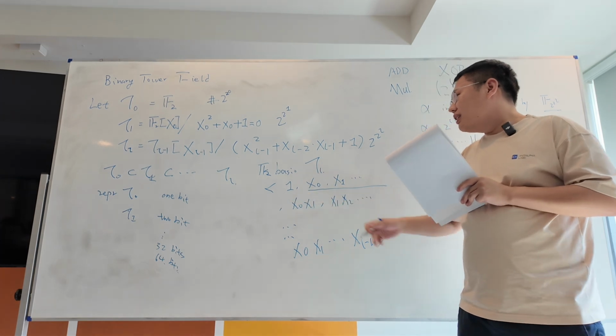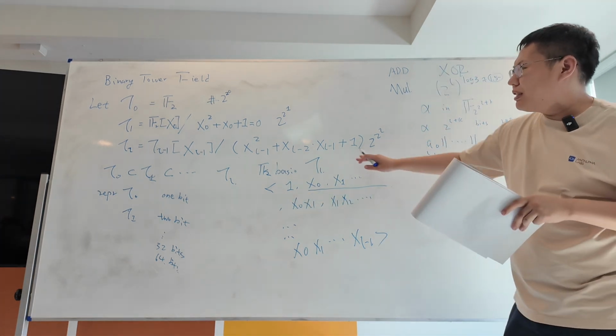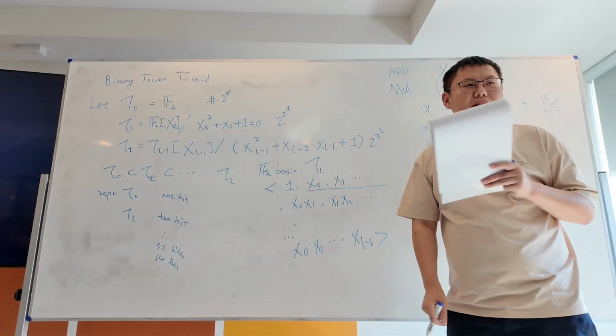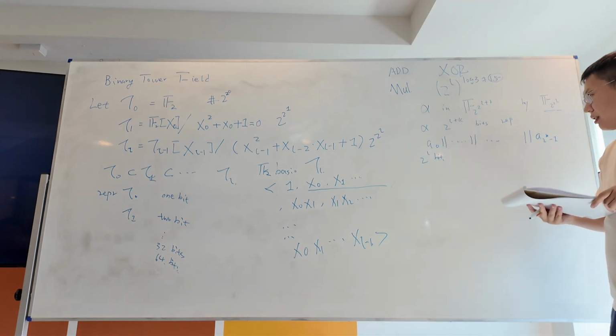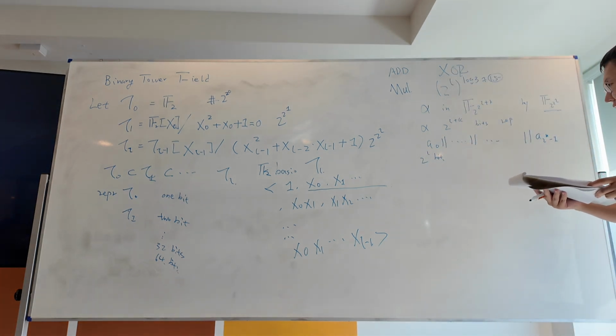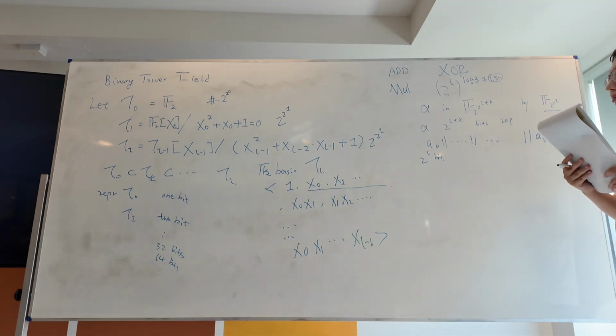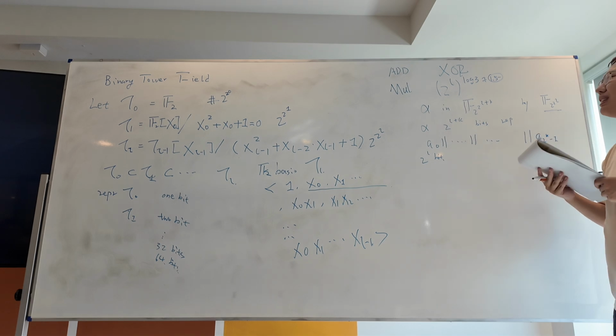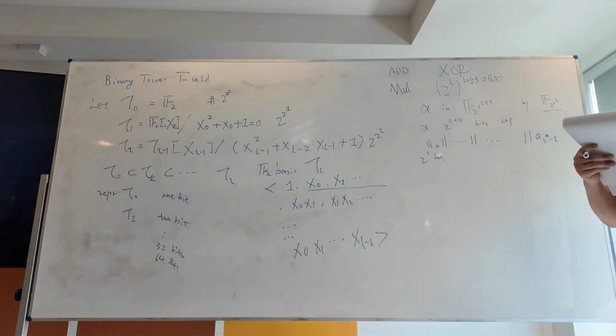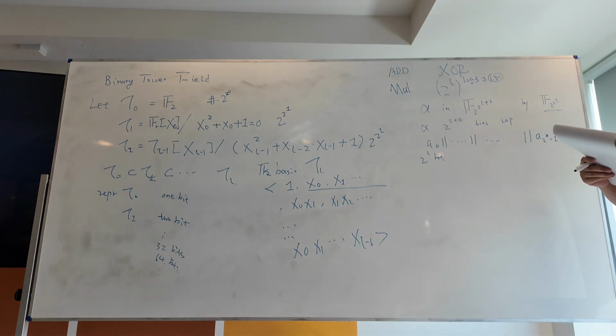In the end you get these many choices, and you get the whole field back. So this will make a very simple introduction to the binary tower field.